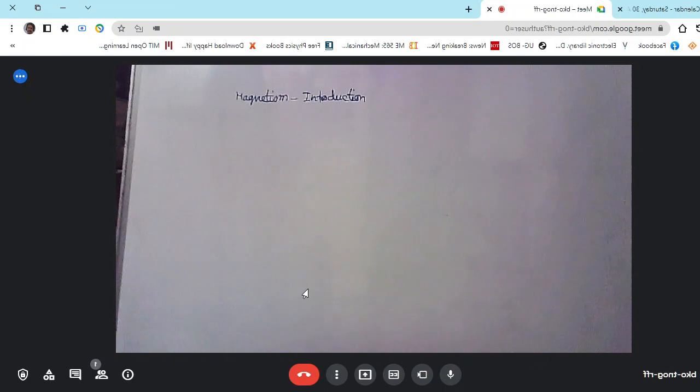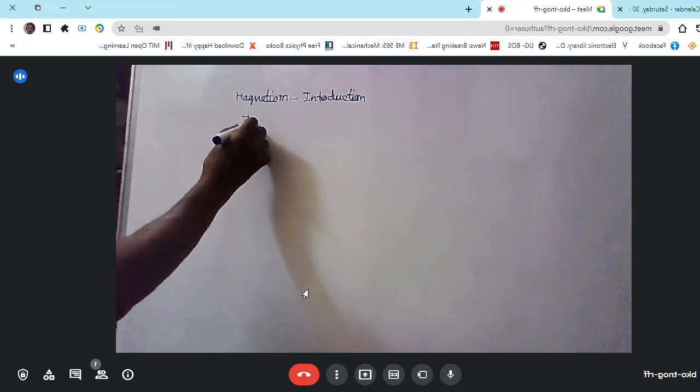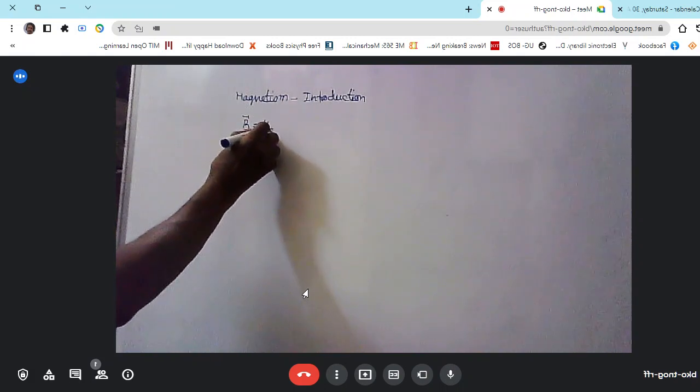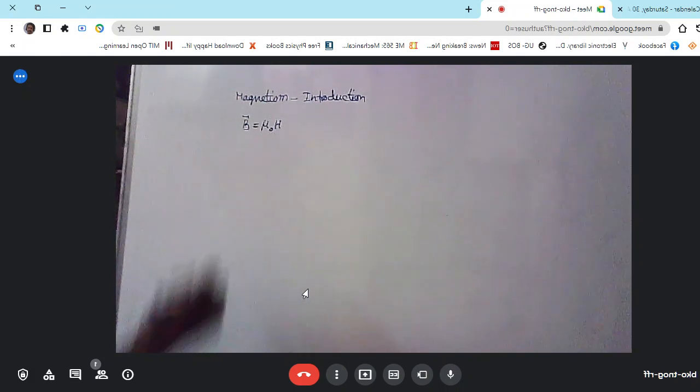At the beginning, we will consider two types of magnetic field, B and H, and B equals mu naught into H for non-magnetic media. These B and H are external magnetic fields, and mu naught is the permeability of the free space.